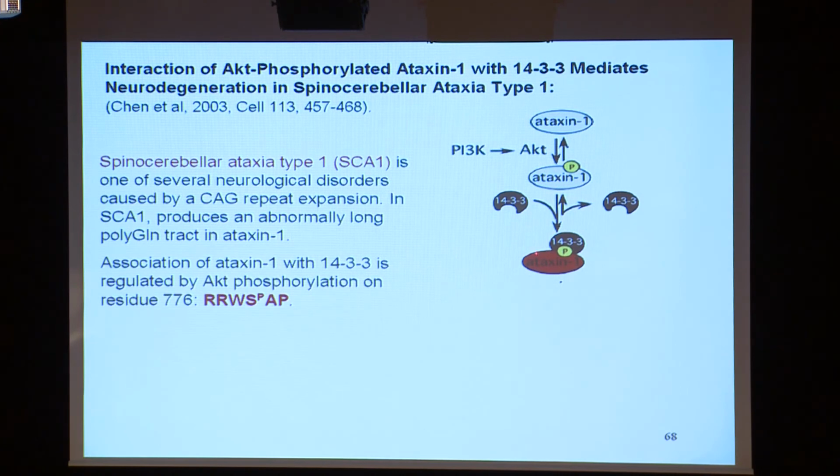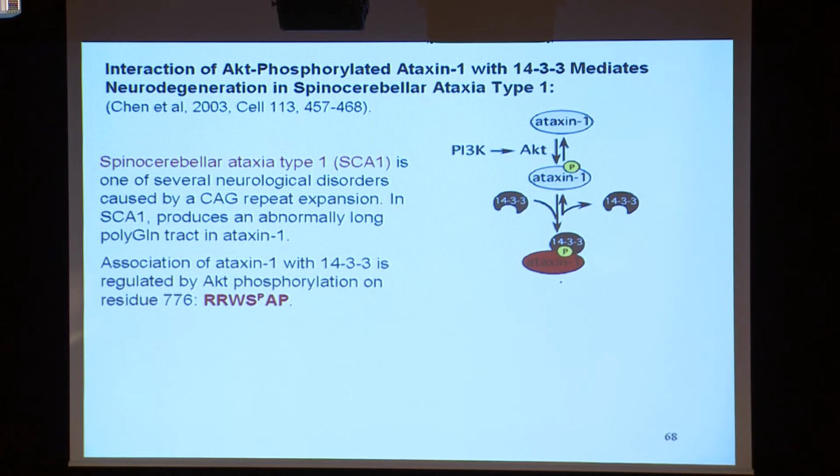AKT phosphorylates ataxin 1 on the appropriate residue. The phosphorylated ataxin 1 binds to 14-3-3, and this ataxin 1 is already fairly unstable, fairly insoluble, because it already has these CAG repeats. This seems to tip the balance between the ability of the cell to turn over, degrade and regenerate the ataxin 1, or allow it to build up.